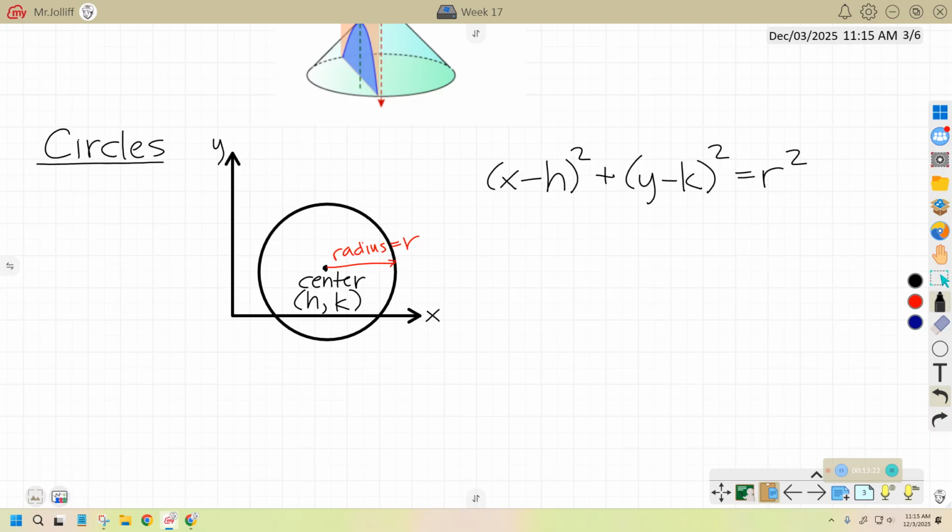A couple of things to notice. This formula has no fractions. That's important. Some of the conic sections that we're going to see later will have fractions in them. You'll see the x minus h squared over a number. Circles will not have that. Circles, it's x squared plus y squared equals a number squared. The other thing to notice, this is an addition problem.